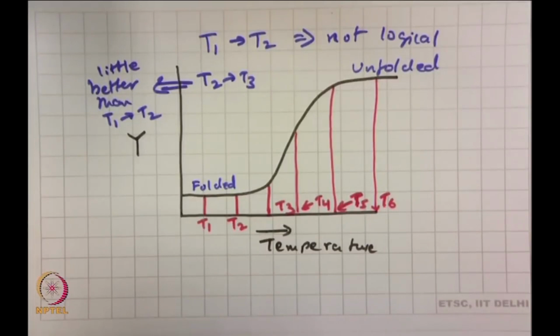But still keep in mind, look at the change in the spectroscopic signal from T1 to T3, or rather T2 to T3, it is not that high, is not it? It is still small. Okay.